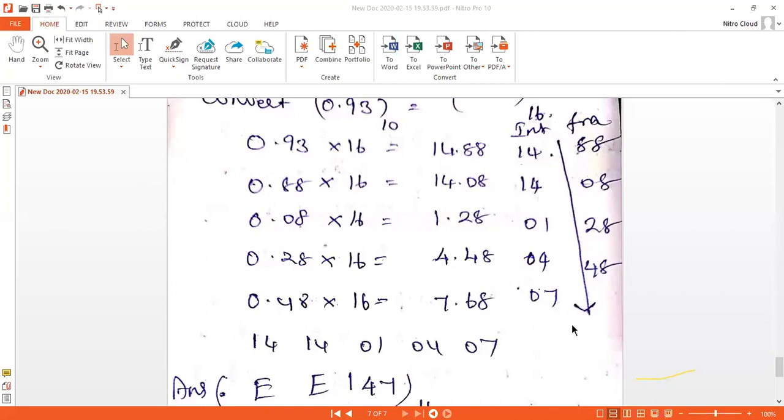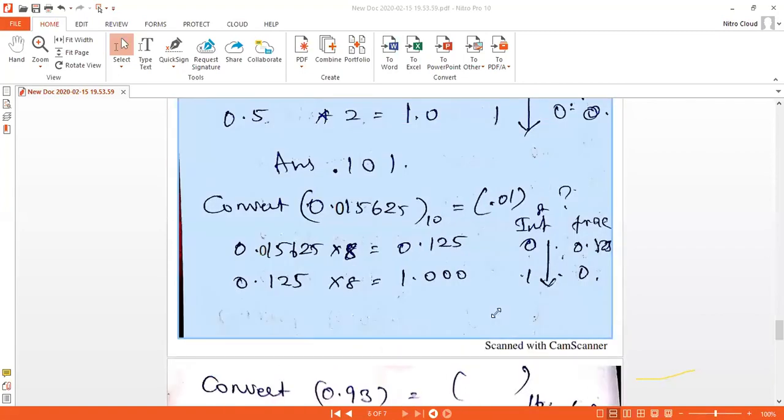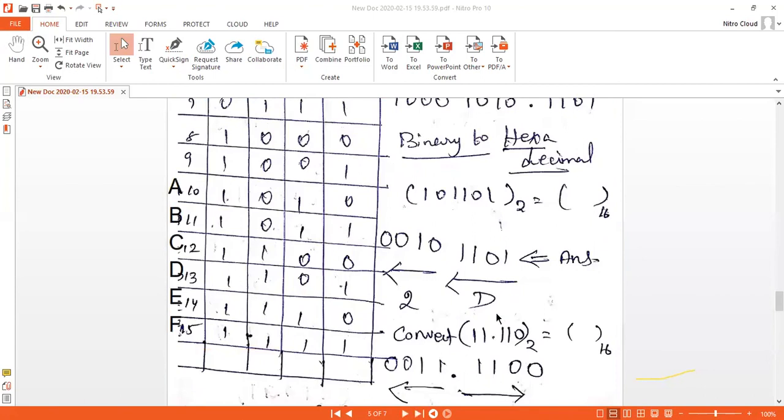So I stopped with this because you have 4 options in the exam. So you can easily find out which option is matching. Okay. Now the answer, top to bottom, is 14, 14, 1, 4, 7. Correct? Up to this, clear? Now go back to the hexadecimal table. 14 means, sorry, 14 means E, correct?